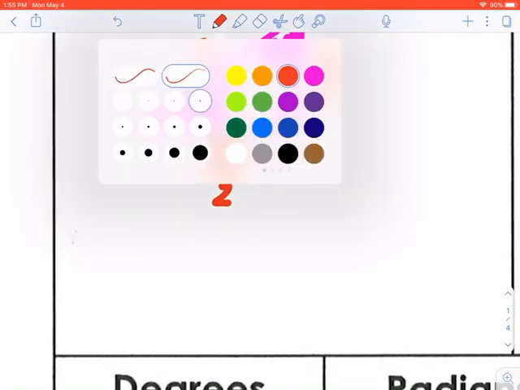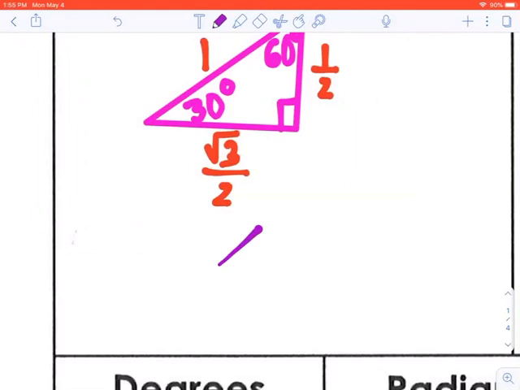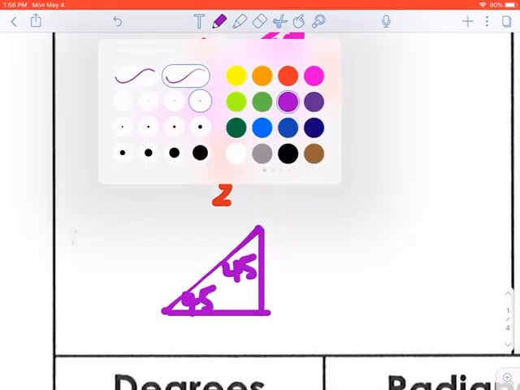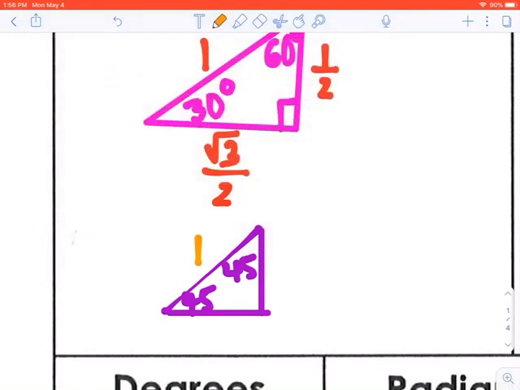Okay? Now, for a 45, 45, 90, because we've already looked at that too, and that's our other special triangle. Okay? So 45 and 45 here. All right, now if, again, our hypotenuse is 1, in a 45, 45, 90, the hypotenuse is equal to the side times the square root of 2.